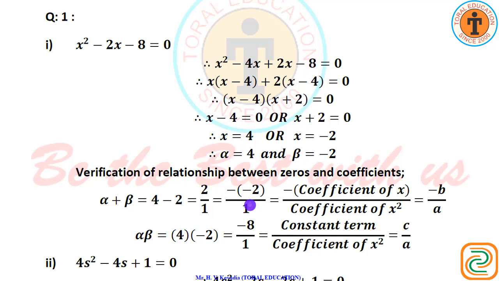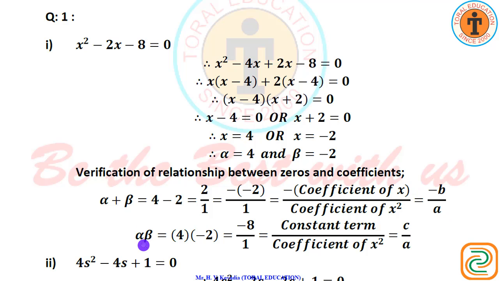So minus 2 upon 1, that is minus into coefficient of x upon coefficient of x square. This is 1. 1 is the coefficient of x square. You can see here there is no coefficient written, so there is 1 as coefficient. So minus into coefficient of x, that is minus b upon a. So alpha plus beta equals minus b upon a.